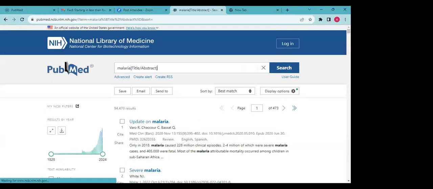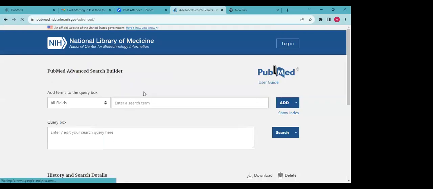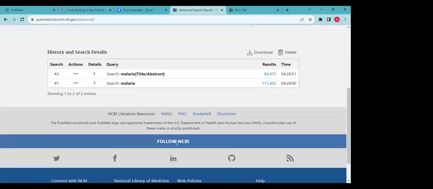So the results, this one has given me 94,000 plus studies, but let's look at the history to compare the studies. So now search number one is showing that I searched malaria. I did not restrict where the studies will come from. So it searched the entire studies from abstract from title up to the end, and I got 111,000 plus. But when I restricted it to just the title and abstract, I got 94,000.